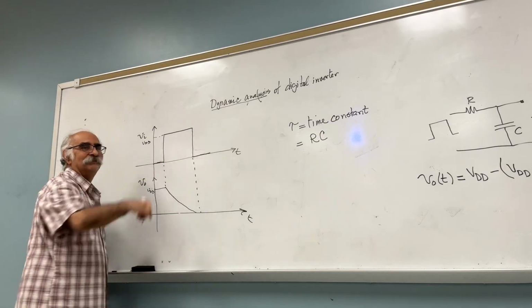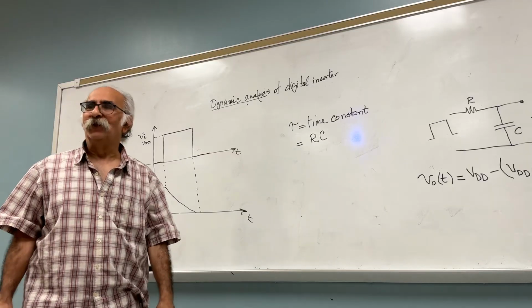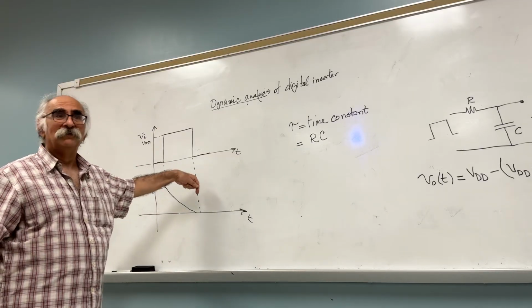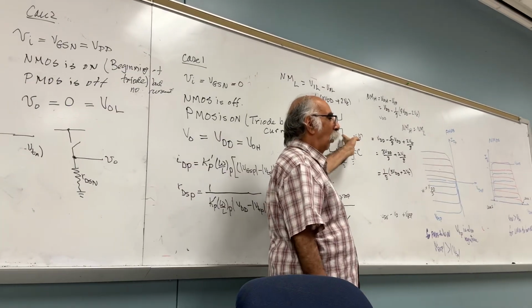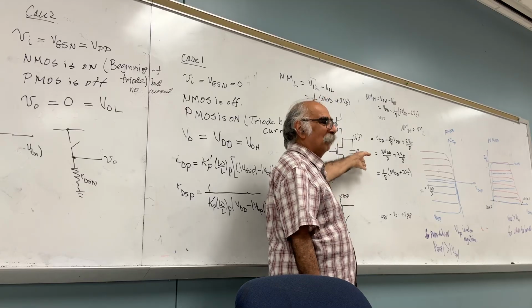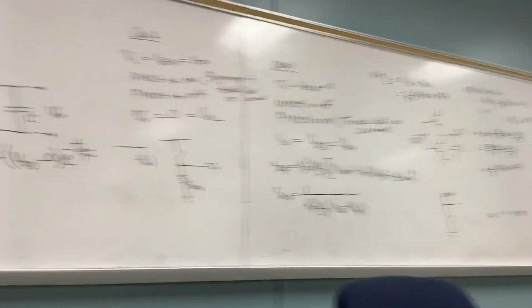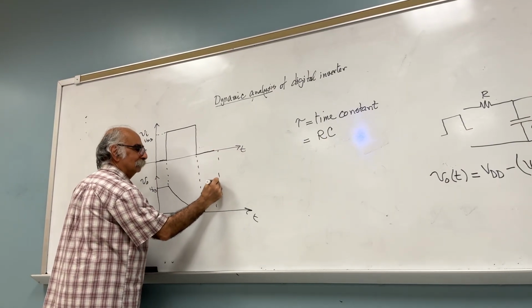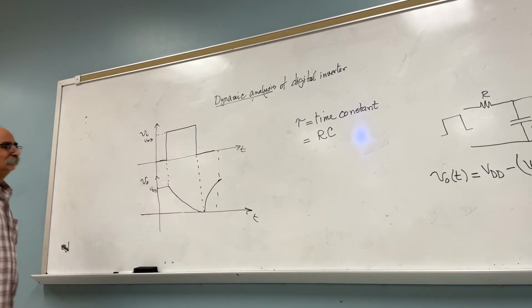What happened here? The input went low again. What can you tell me about the PMOS? It's on and the NMOS is off. What happened to the capacitor? It began to charge. Clear so far? Okay.